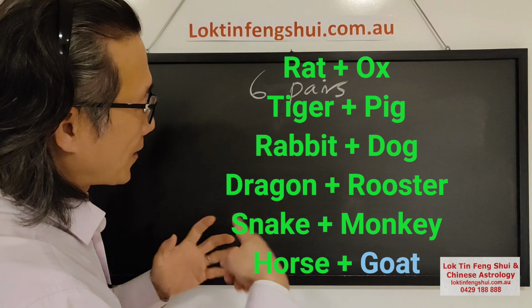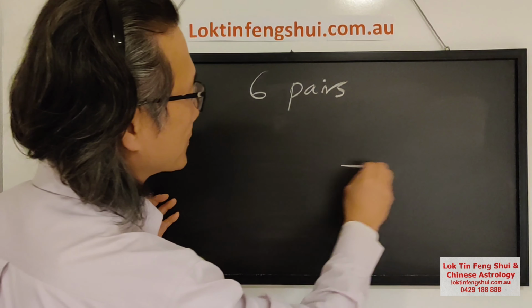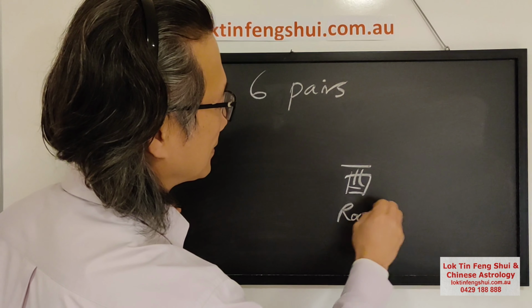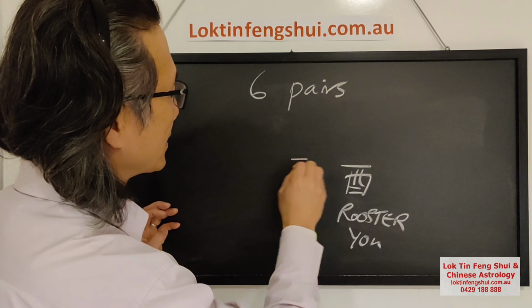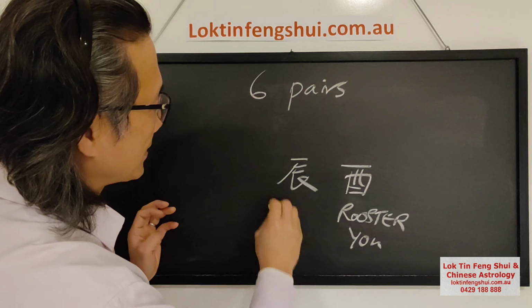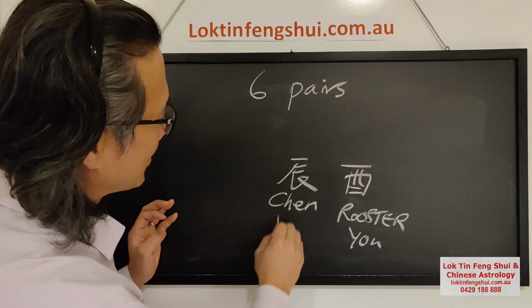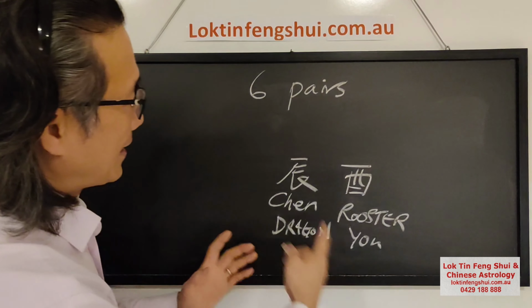So let's say the combination of the rooster, or You, and the dragon here. Dragon is Chen, or dragon, doesn't matter how I write it, you understand.